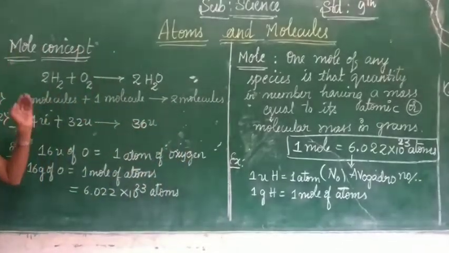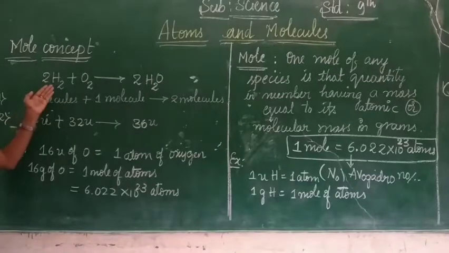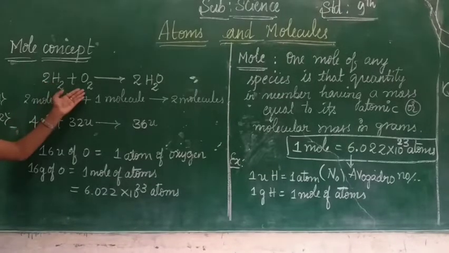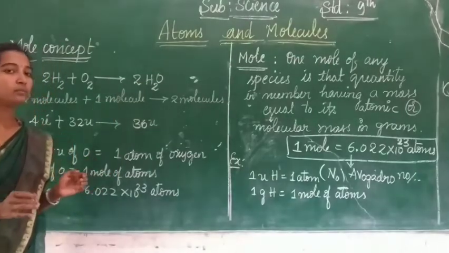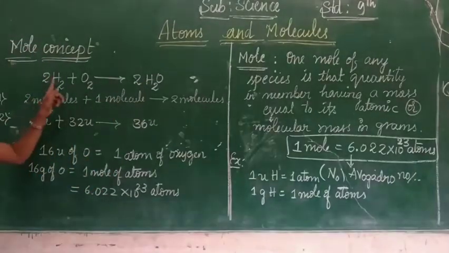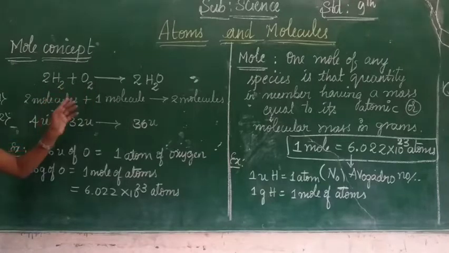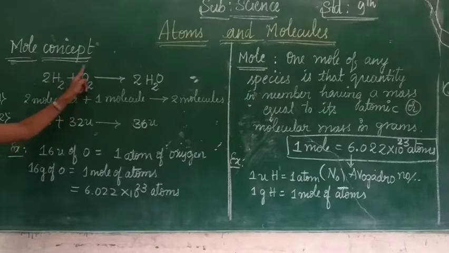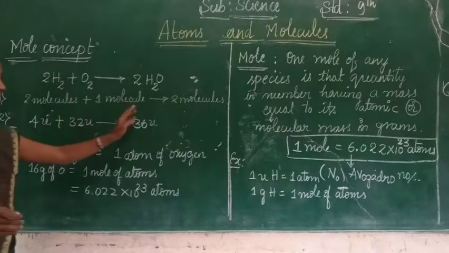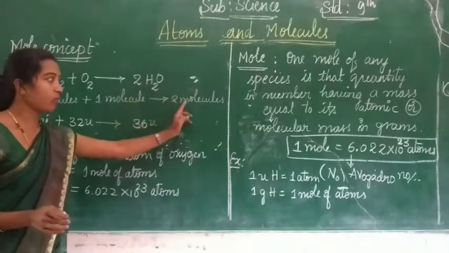Now let us understand the mole concept through this example. Look, children, here hydrogen reacts with oxygen. It gives water. Now, explain this reaction through the number of molecules reacting in this equation. Look here: 2 molecules of hydrogen react with 1 molecule of oxygen. It gives 2 molecules of water.